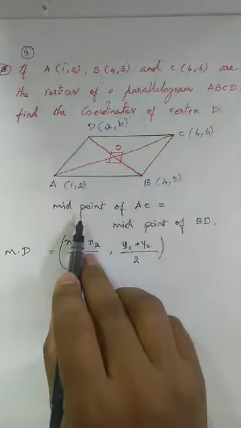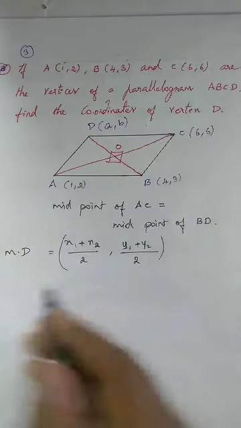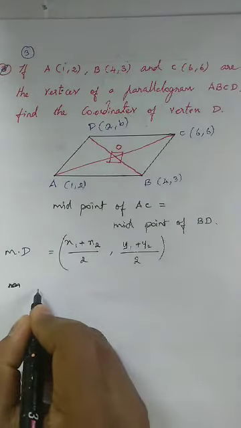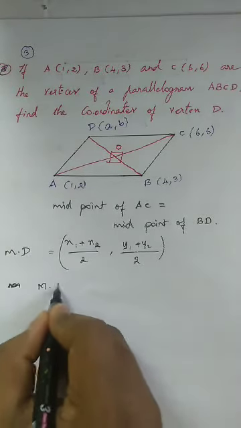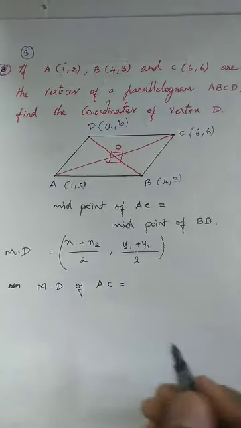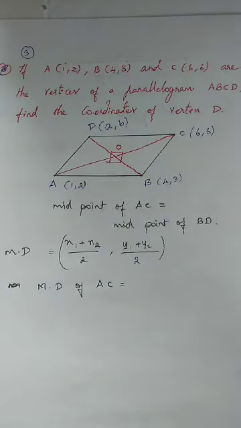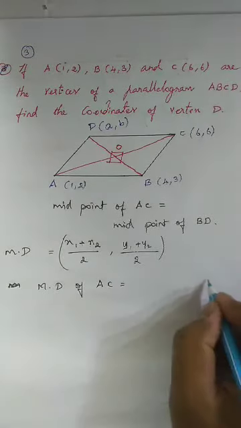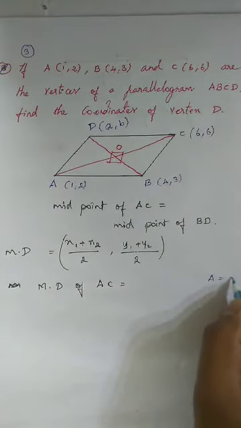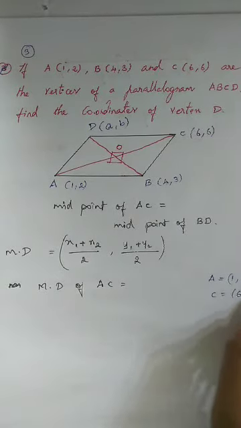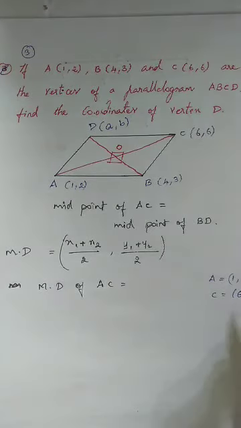Now first I am going to find the midpoint of AC. What is the midpoint formula? The value of A is 1 comma 2 and the value of C is 6 comma 6.